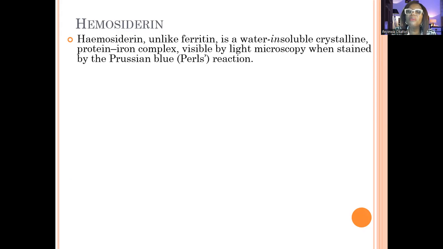Ferritin has two monomers, the H subunit and the L subunit. The ferritin found mostly in plasma is in the form of H subunit because it takes in iron and releases it more rapidly, unlike the ferritin found in the liver and the spleen that is mostly made up of L monomers, and they retain iron more.